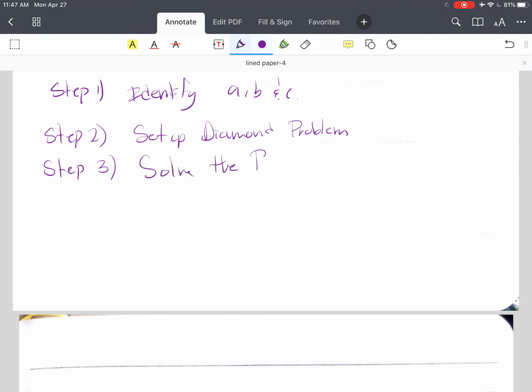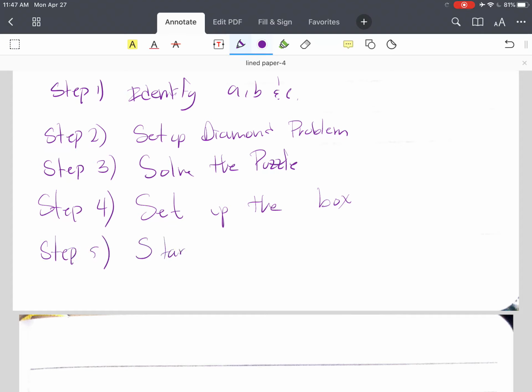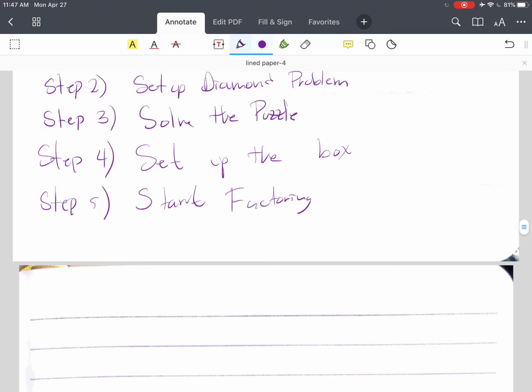The third step. Solve the puzzle. Once you solve those two numbers, set up the box. Step 5, once you set up the box, start factoring.